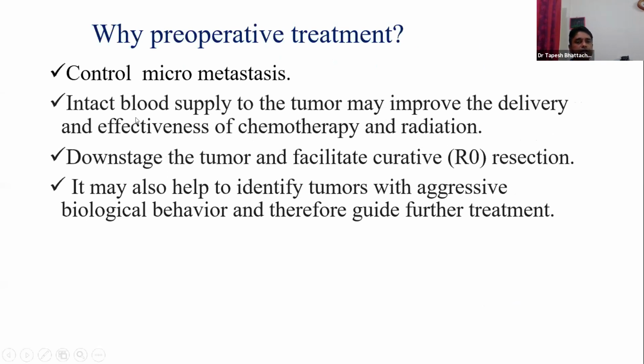How does it help? It controls micrometastasis. Intact blood supply to the tumor may improve the delivery and effectiveness of chemotherapy and radiation. It downstages the tumor and facilitates curative R0 resection. It may also help to identify tumors with aggressive biological behavior and therefore guide further treatment. So these were the rationale behind pre-operative treatment.